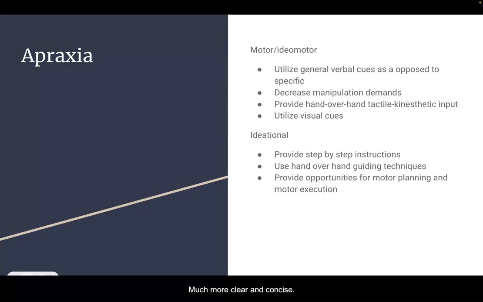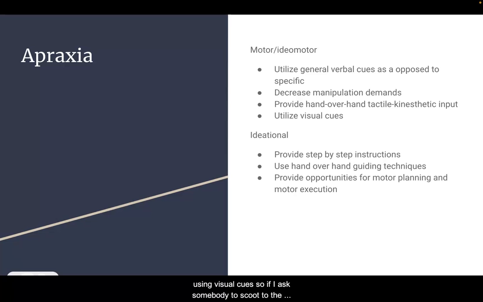Much more clear and concise. And decrease manipulation demands, because it is a motor apraxia. The planning of that motor task with a manipulative might make the activity more challenging. And because of that, you might then use that hand-over-hand tactile kinesthetic input, and also using visual cues.